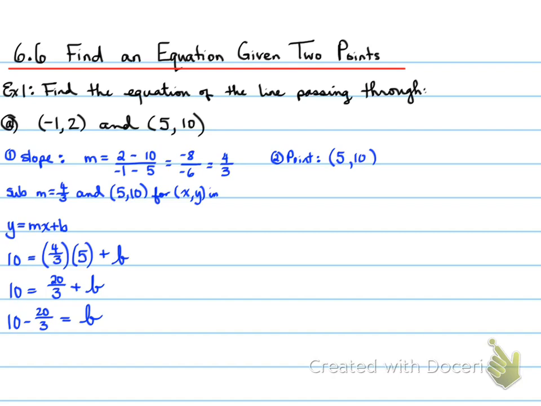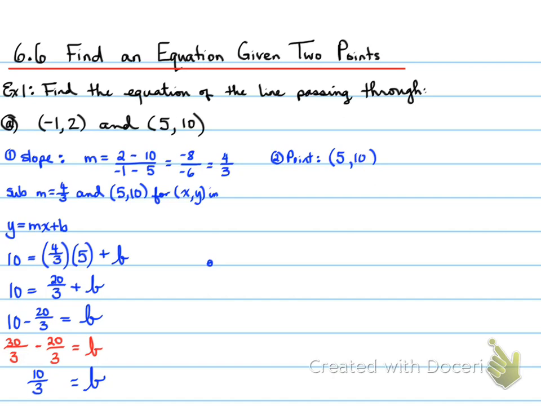Well, you would convert 10 to have a common denominator of 3. So 30 over 3 is equal to 10. Minus 20 over 3 will give our answer for b. What is 30 over 3 minus 20 over 3? That's right, folks. It will be 10 over 3. So b will equal 10 over 3.